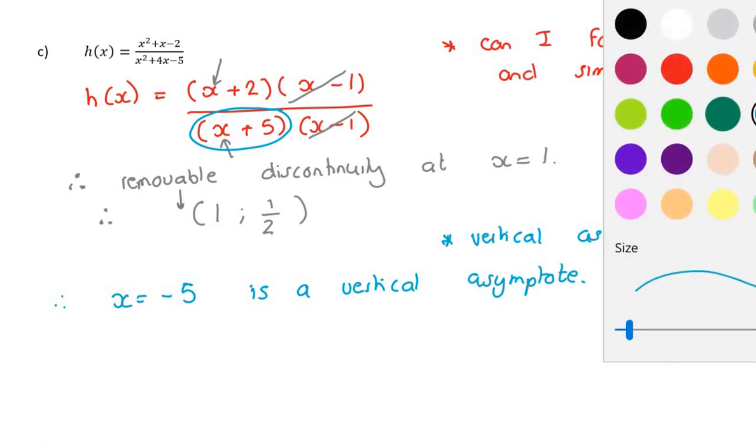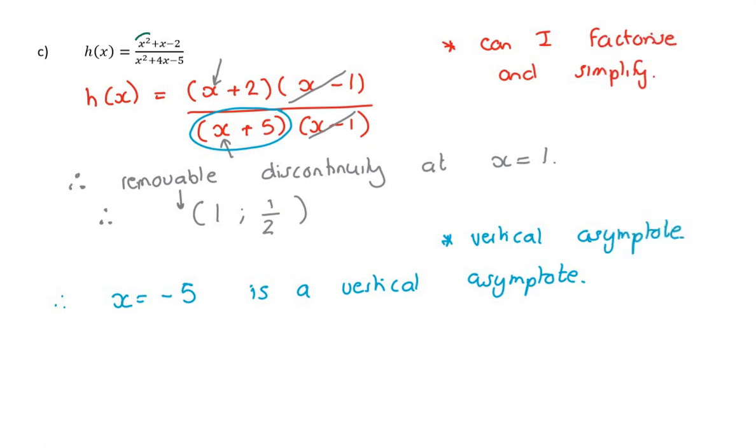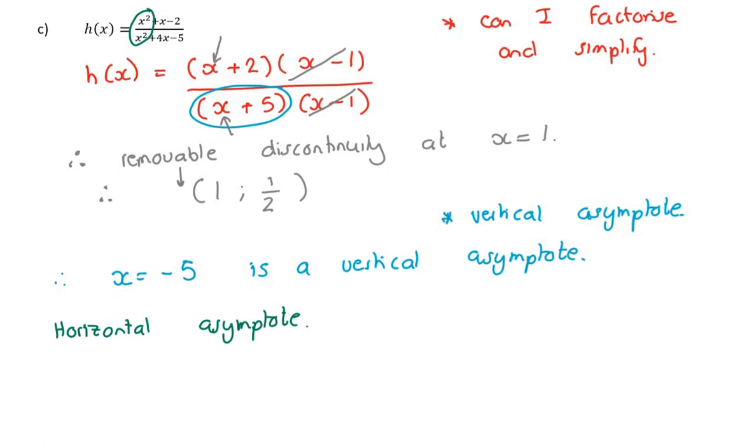And finally, I can see that I'm going to have a horizontal asymptote because the degrees are equal. So my horizontal asymptote, because these degrees are equal, I can find the limit as x tends to infinity, and it'll work out to a constant. So what is the limit as x tends to infinity of x squared plus x minus 2 over x squared plus 4x minus 5?